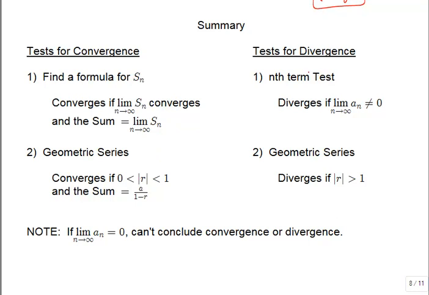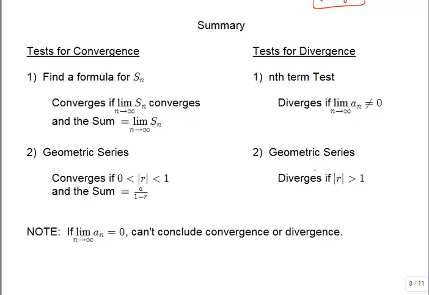The other things we know are two tests for divergence. The nth term test: if you take the limit not of your nth partial sum but of your nth term, so take the limit of those a sub n's, if that is not a 0, then you know automatically your series diverges. Also, you can use that geometric series as well.